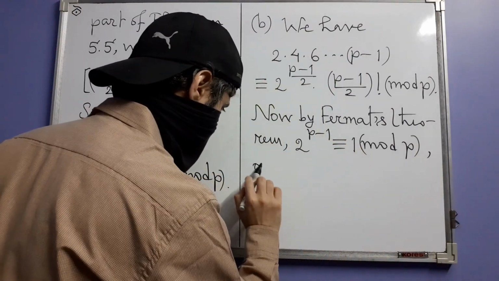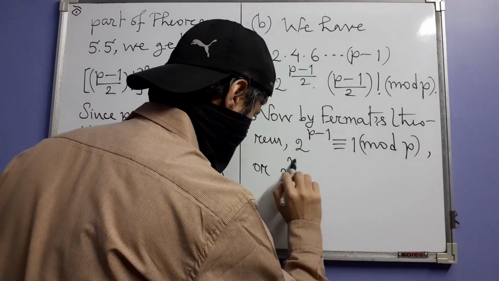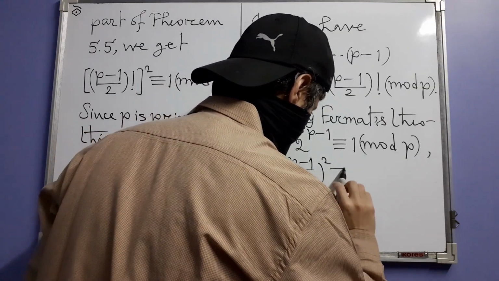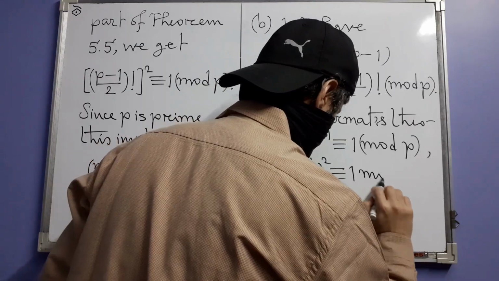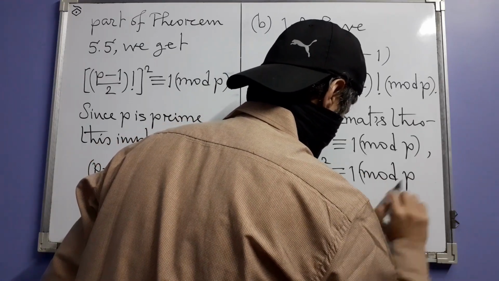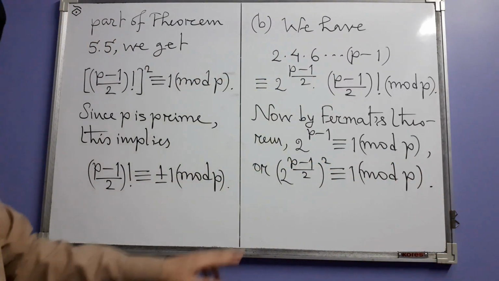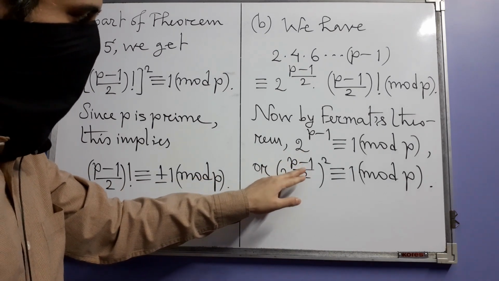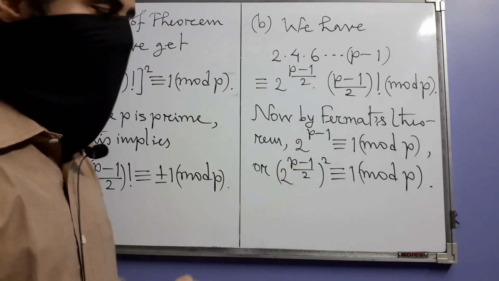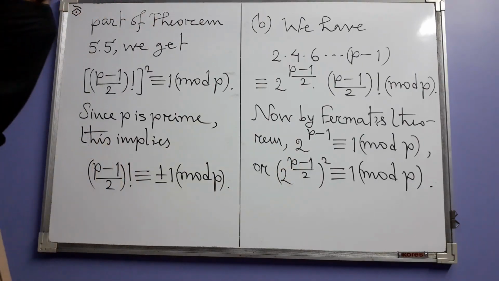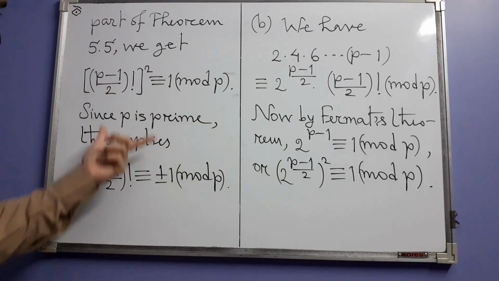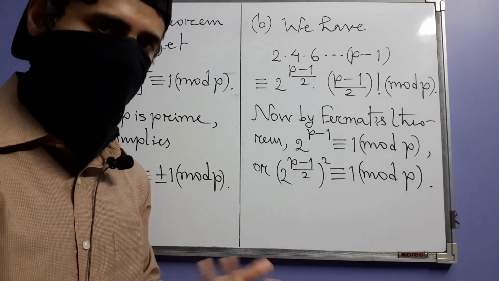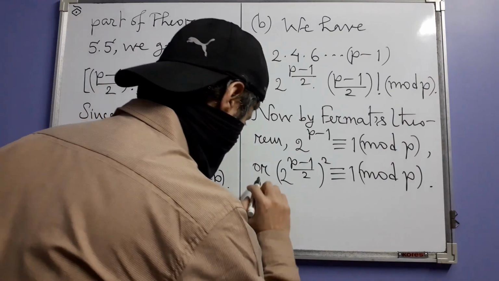Or, 2 to the power p minus 1 divided by 2, square, is this. Note that you are able to write like this and still this exponent is an integer because p is odd. And just like you concluded this congruence from this one, we are going to get next this.